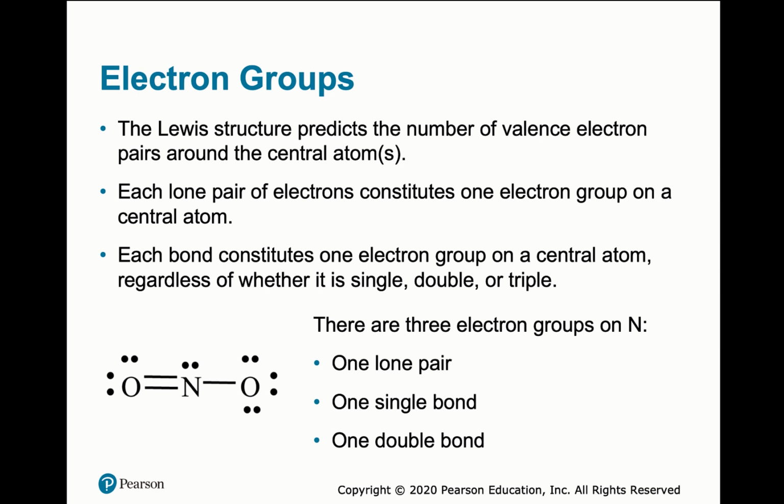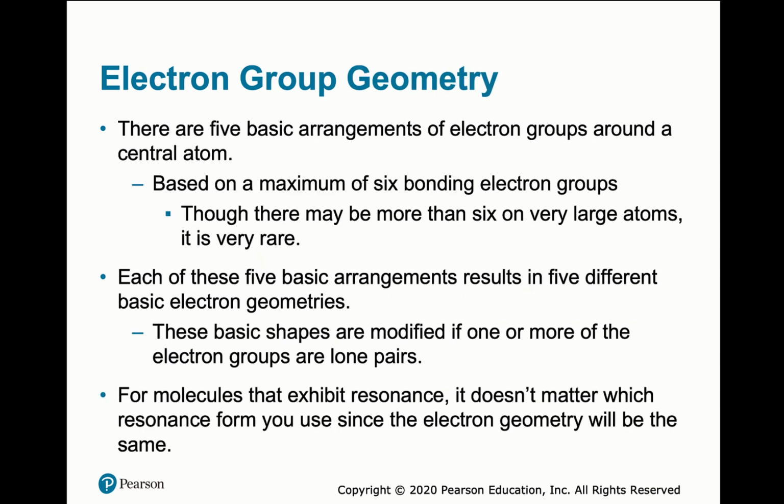So let's start out with what are defined as groups. You see this NO2 molecule here. Look at the central nitrogen. The central nitrogen has three things: a double bonded oxygen, a single bonded oxygen, and a lone pair. Those are three groups.